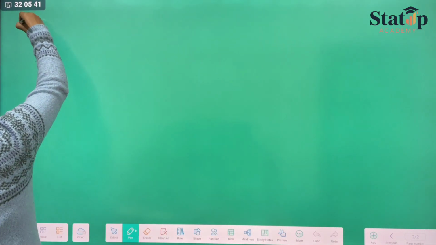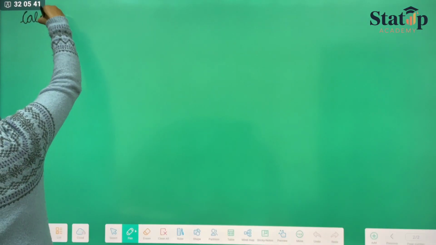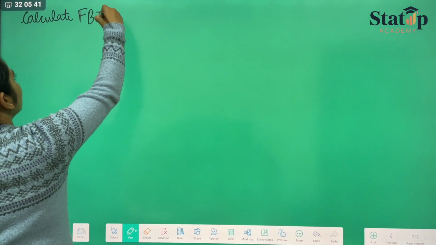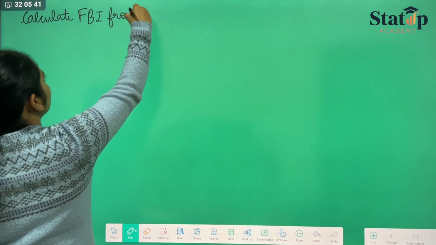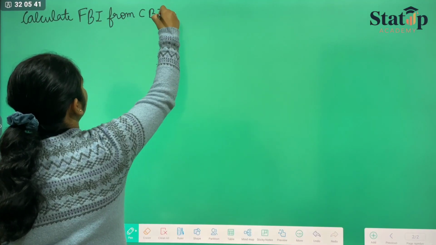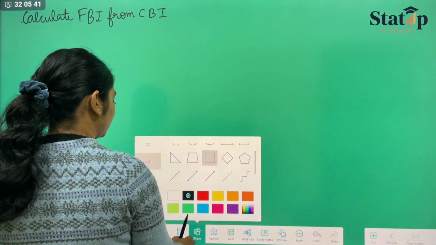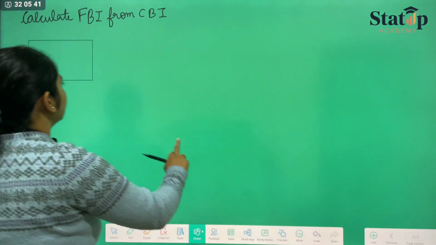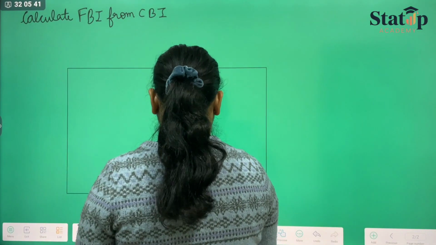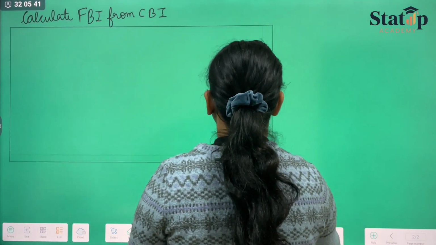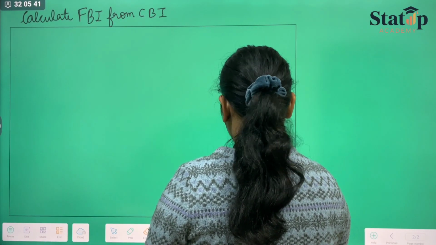The second question states that we have to calculate fixed base index from the chain base index numbers. Data has been provided to us. Let us take that data.